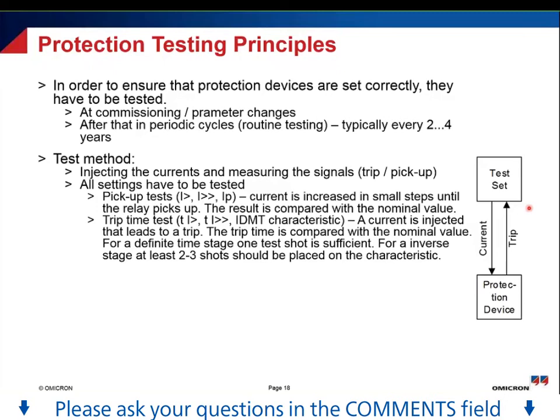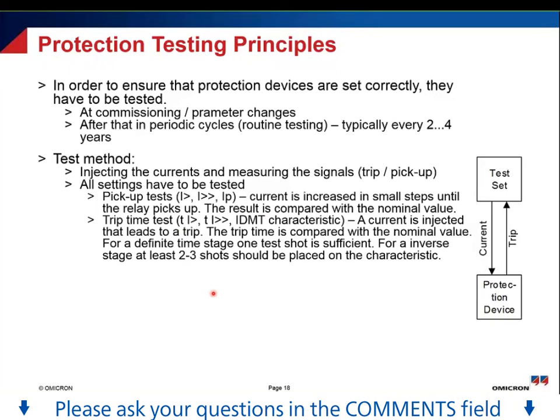If everything works with the pickup test, then the second test is the trip time test. With the trip time test, you check whether the timing settings work correctly. So the time values of the definite time stages, or the time values of the IDMT characteristics, as well as the time multiplier setting or the time dial. Here you do a so-called test shot, which means a current is injected that leads to a trip.